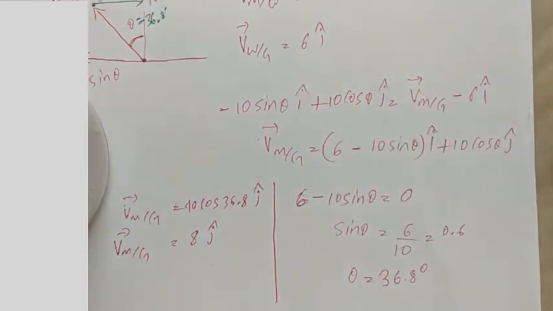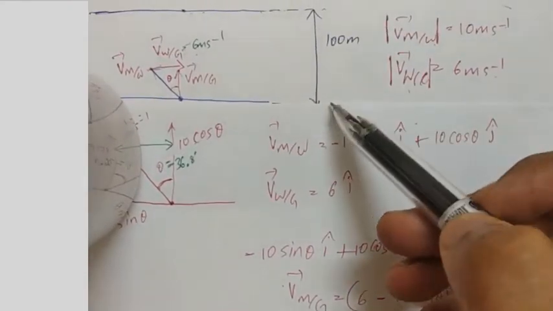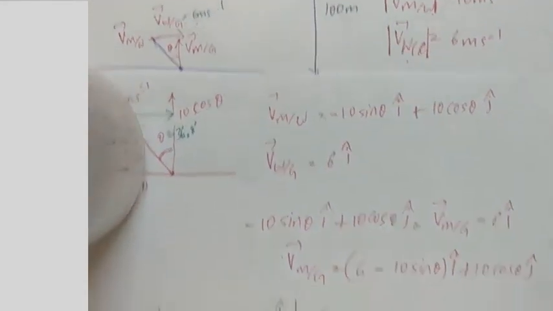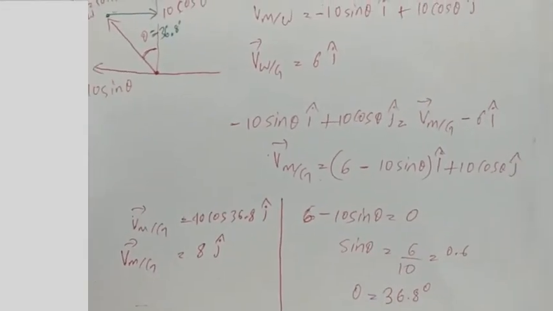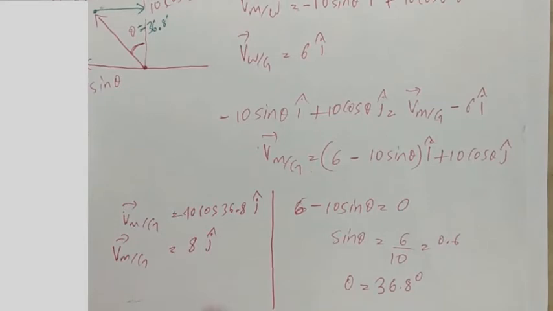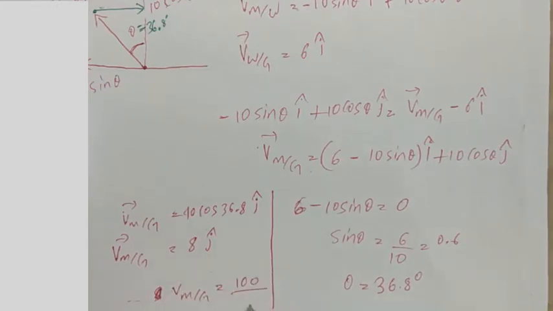Now we can use the simple speed equal to distance upon time, because we already know the distance he needs to travel is 100 meters, and we have determined his speed, that is 8. So speed, the velocity of man with respect to ground, is equal to distance 100 per unit time.